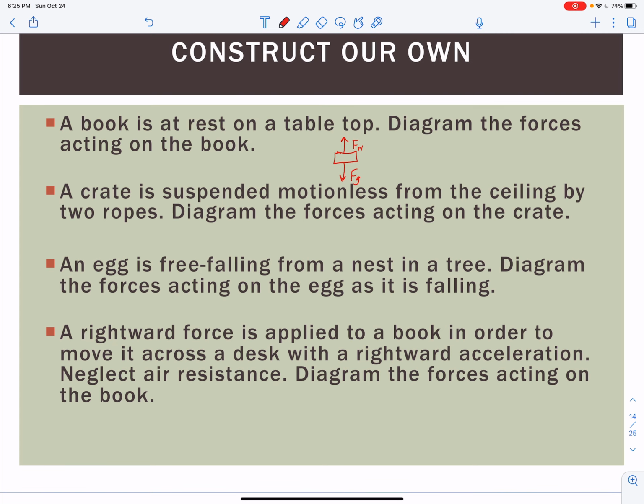All right, a crate is suspended motionless from the ceiling by 2 ropes. Well, if I have a crate and it has 2 ropes pulling it up, right, I'll have 2 forces. We'll call it force 1 and force 2, pulling it up.